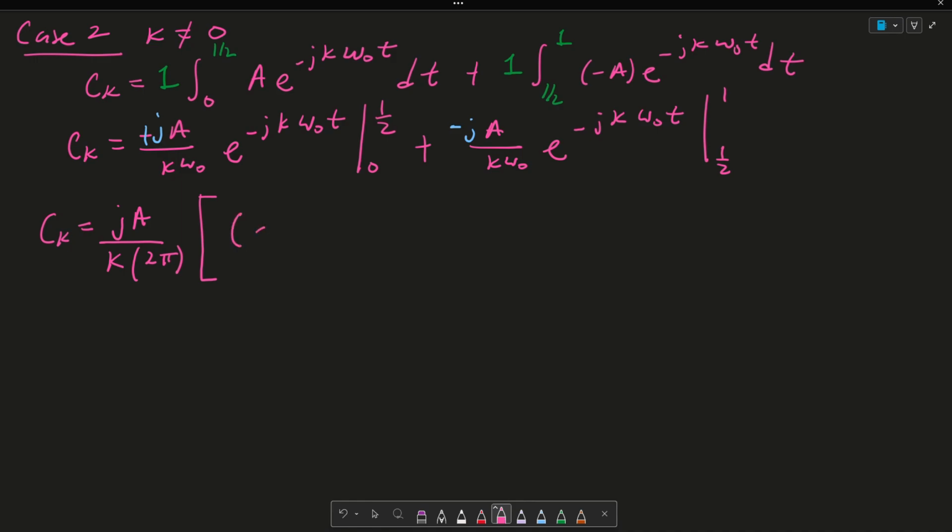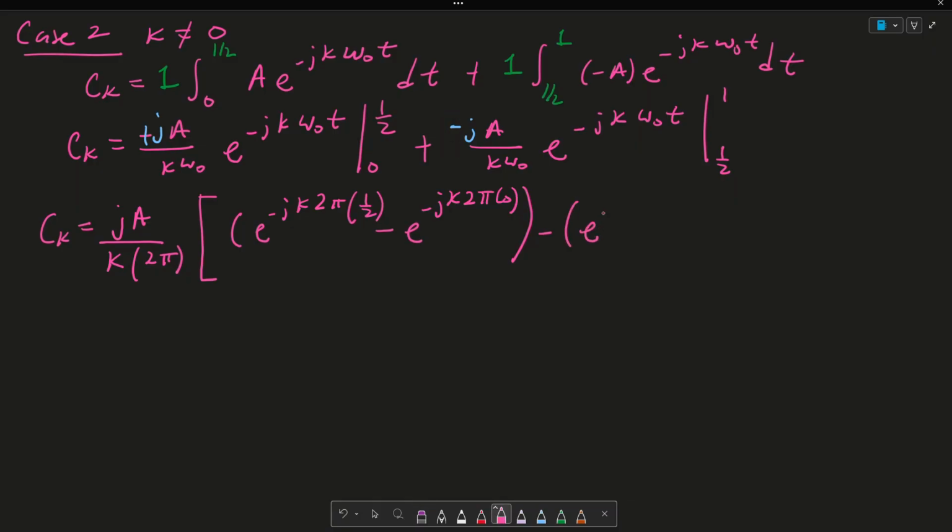So then this becomes e to the minus jk 2 pi times 1/2 minus e to the minus jk 2 pi times 0. Close that parentheses, minus, right, this minus here.